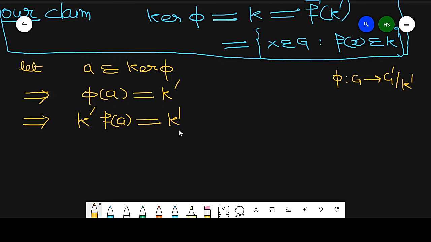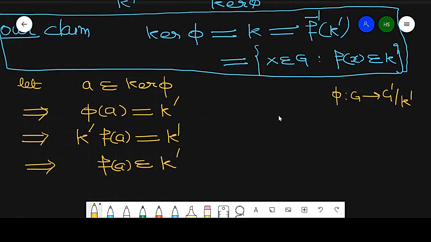So it implies f of A belongs to K dash, right? So if f of A belongs to K dash, it means this A belongs to K. So that is my part.